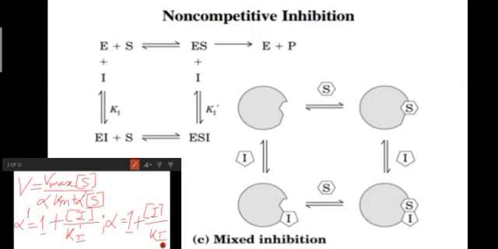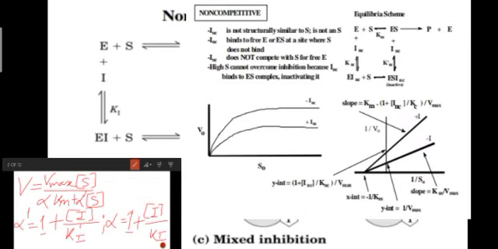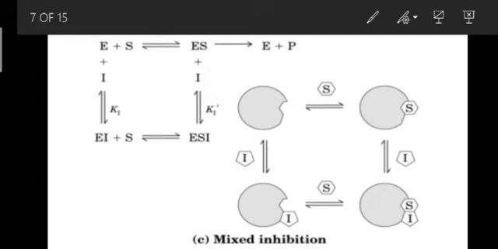to see why a non-competitive inhibitor would affect the Vmax but not the Km. This equation serves as a general expression for the effects of reversible inhibition. And pure non-competitive inhibition occurs if Ki is equal to Ki dash.